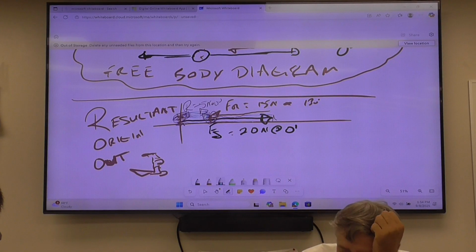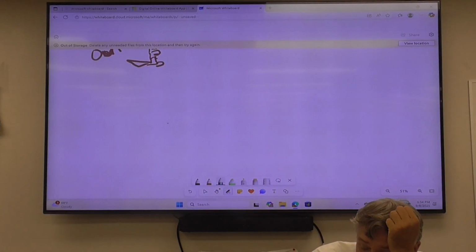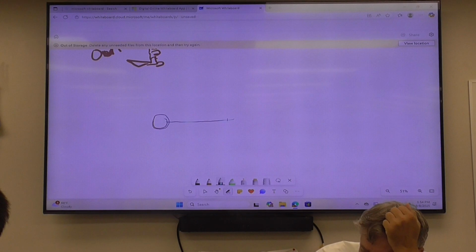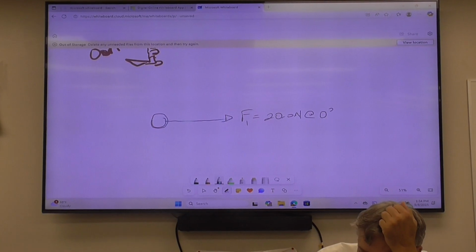Good. Now, we're going to step it up a little bit. That was as simple as it gets. That was just in one dimension. So imagine that we have a soccer ball. We have one force being applied of 20 newtons at 0 degrees.